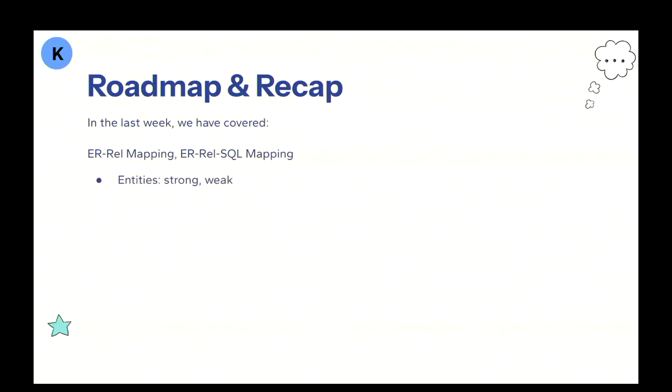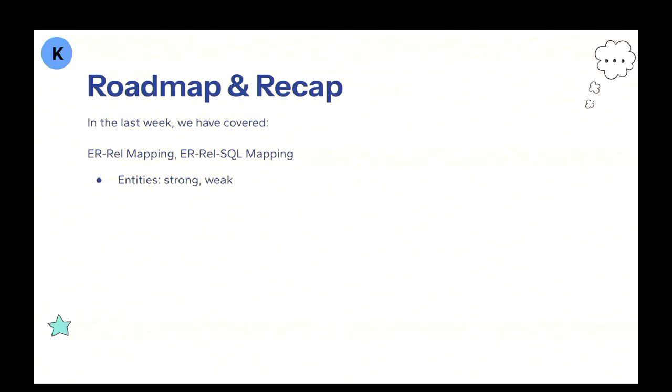First, for entities, how do we map from ER to relational? How do we map strong entities? It's very simple, right? We just convert the entire entity into a table. For weak entities, we need to have a separate table, and we need to set up the foreign key correctly.